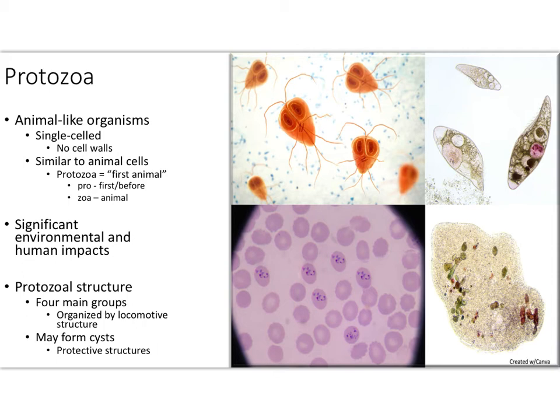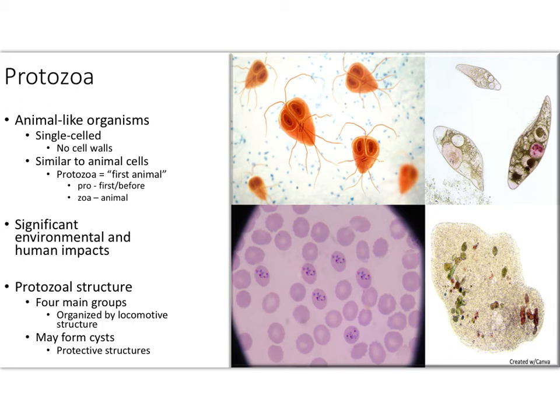They are also another fairly diverse group of microbes, and they have some pretty significant environmental impacts as well as impacts on humans. We'll get into those impacts on the next slide, but first, just talking about their general structure. Like I mentioned before, they are single-celled, they don't have a cell wall, and internally they are very similar in terms of what we find in animal cells as well.